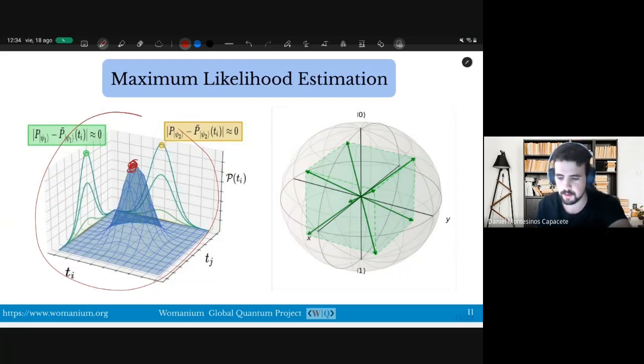One interesting thing about this method is that it allows you to add more than three measures. Even though you don't really need more measures, you could add more in order to solve some experimental problems and increase the accuracy of your calculation of the density matrix.